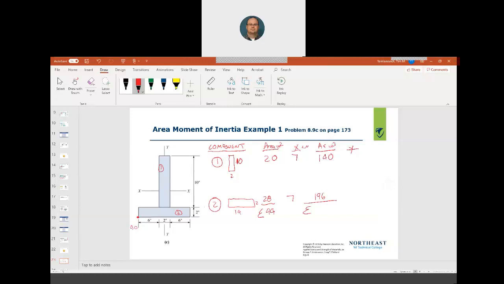Okay, sorry about that. So it's 5 plus 2 is 7. Or I'm sorry, 6 plus 1 is 7, right? And then the y is 2 plus 5 is 7. Okay. All right. So now we're back at it. So 140 plus 196, that's 336.